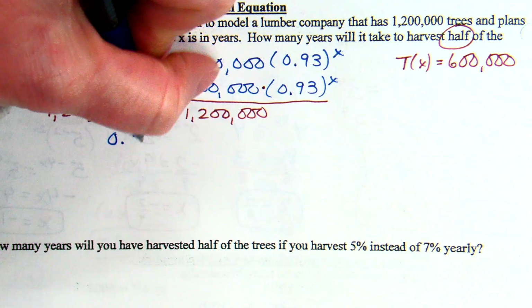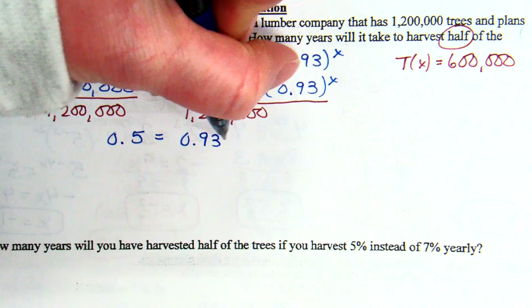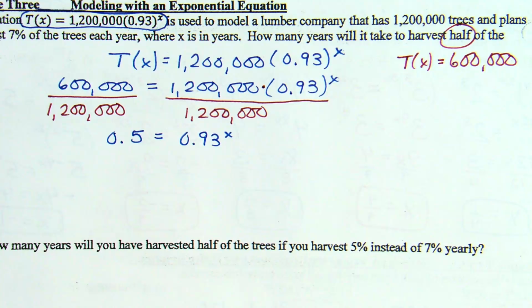So this is 1/2 or 0.5 equaling 0.93 raised to the X. Well, that problem looks a lot less messy now with a lot less zeros. This problem looks a lot like the front side of the paper, if you ask me. Yeah, it does. 0.5 equals 0.93^x.